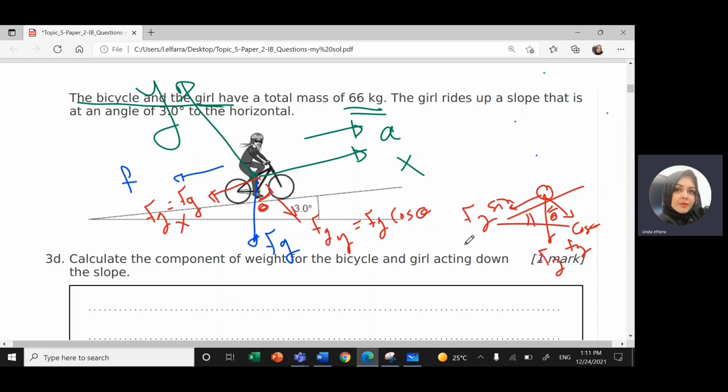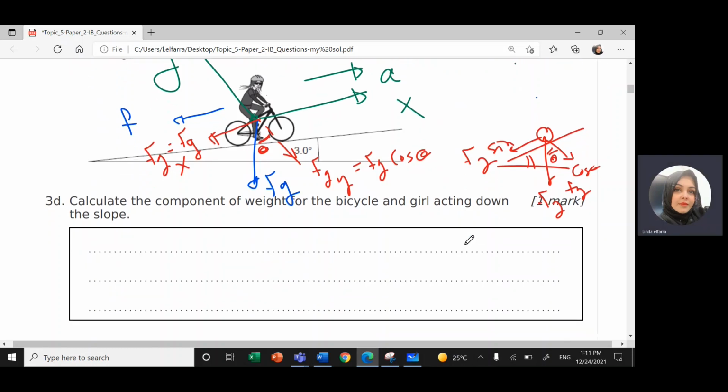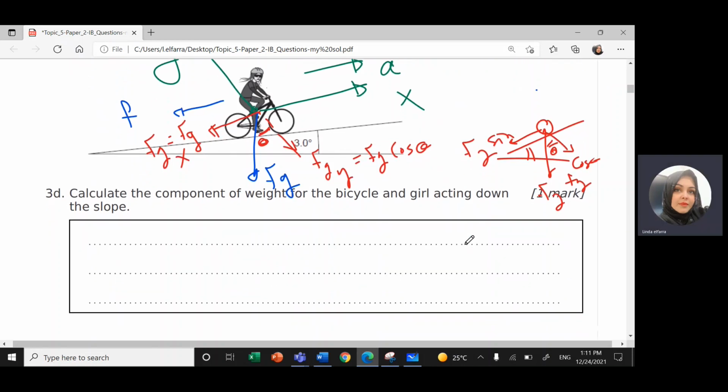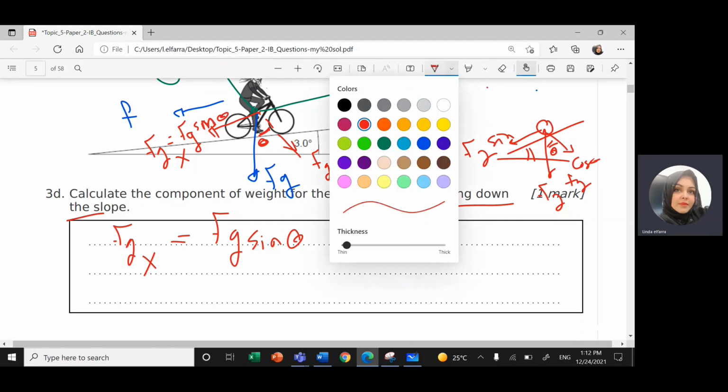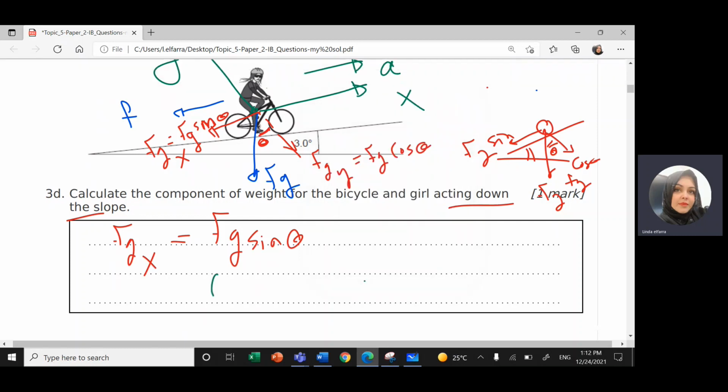So I need the component for that act down the slope. That means I need Fg in x direction, and this will equal Fg sine the angle theta. Okay, Fg, 66, its mass times free fall acceleration.